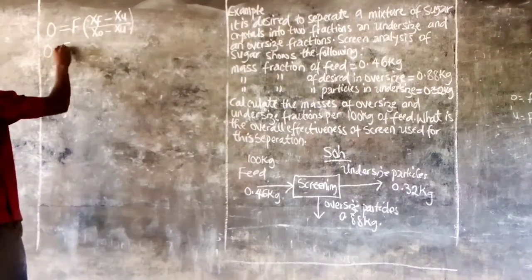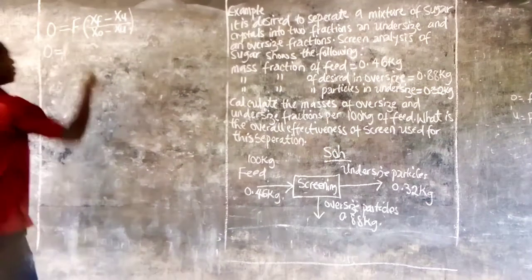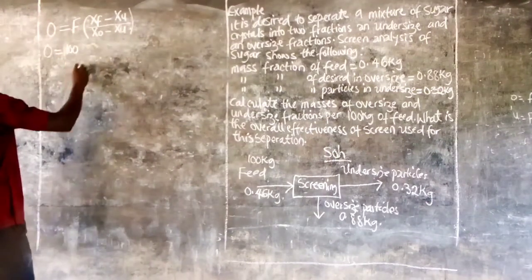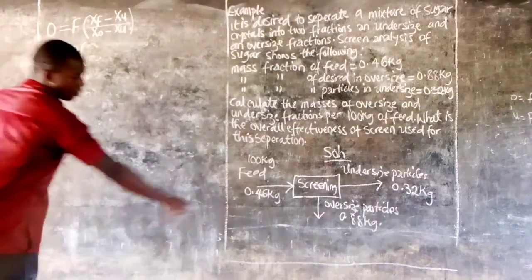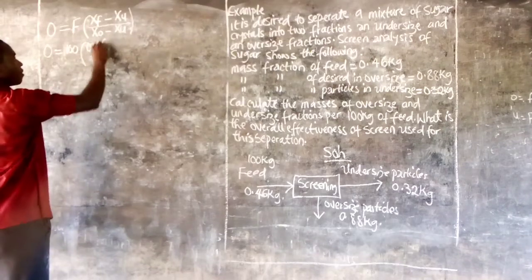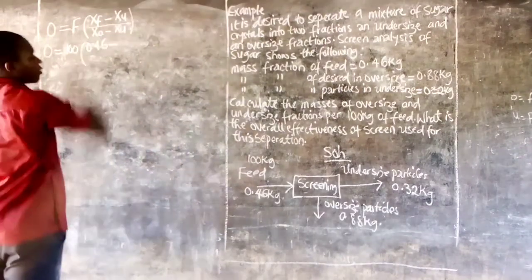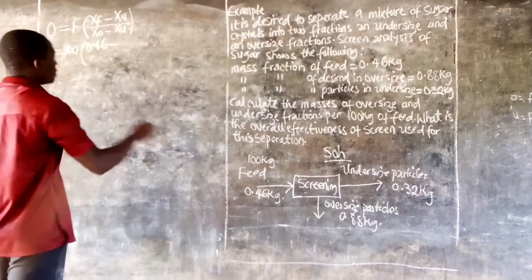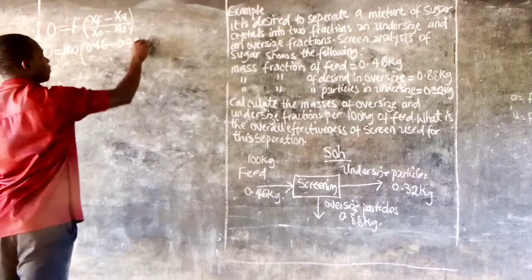So now oversize is equal to F, which is the mass, that is 100 bracket. The mass fraction of F is 0.46, minus the mass fraction of undersized material, that is 0.32 kg.